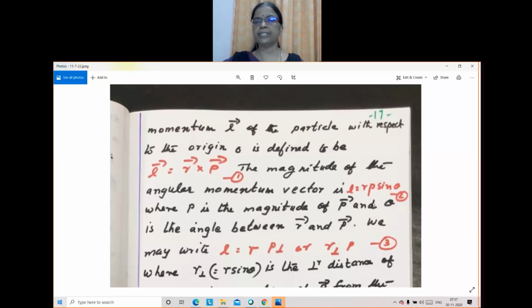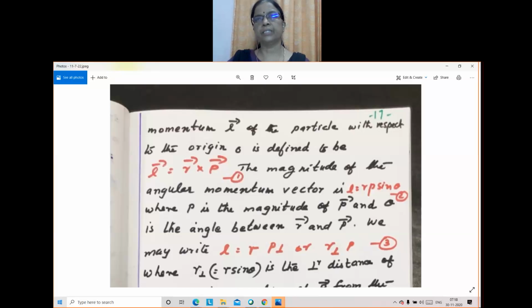When is it taking the minimum value? When the angular momentum is minimum, that is 0. For which angle? Which value of theta? 180 degrees, or 0. What is sine 0?